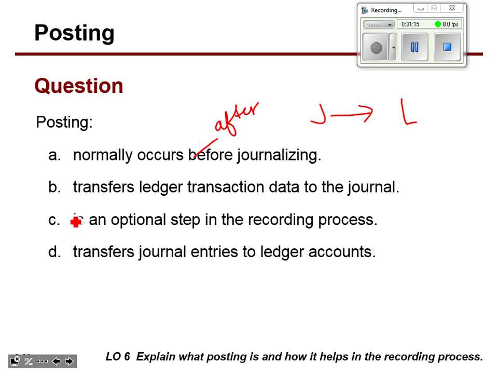Journalize, post to the ledger. JPL, journalize, post to the ledger. It's transferring ledger transactions to the journal? No. It's transferring, look, gotta flip them, journal transactions to the ledger. It's not optional, it's required. Hence the answer.